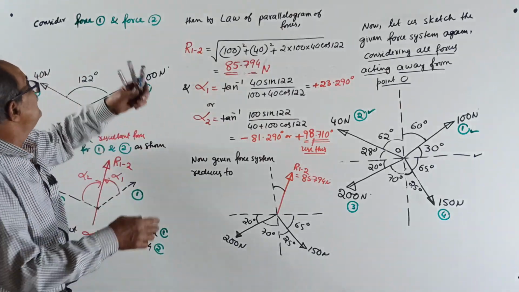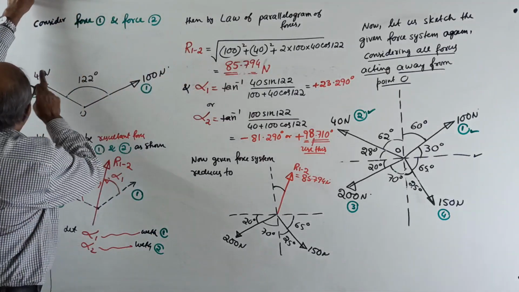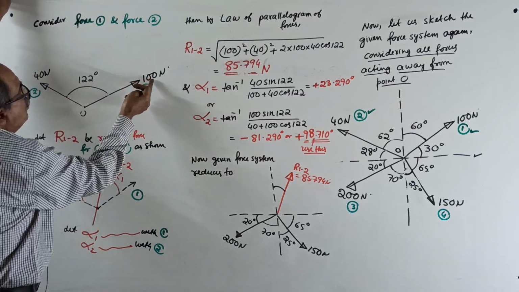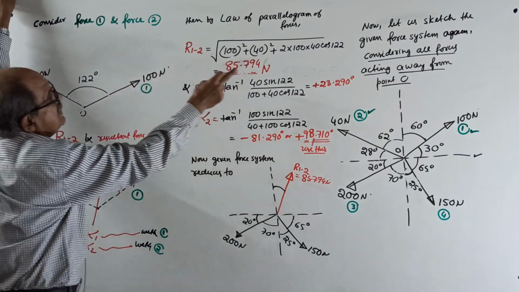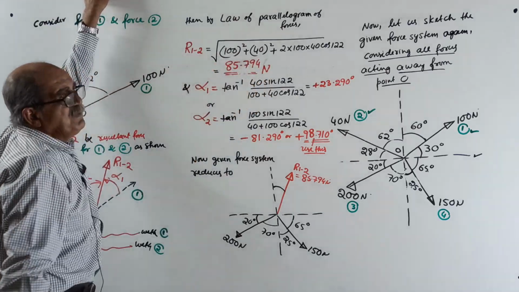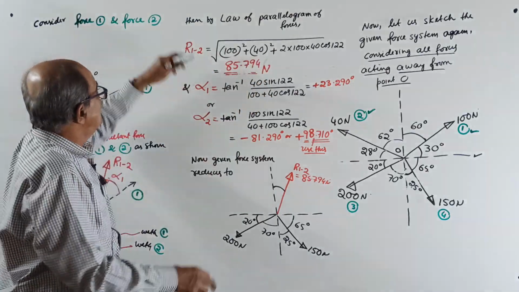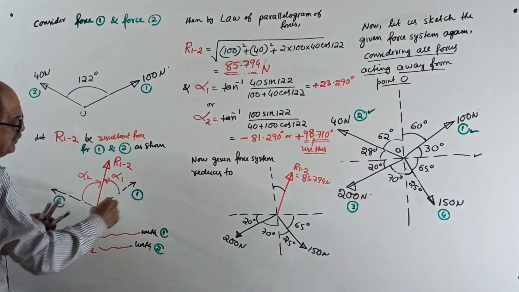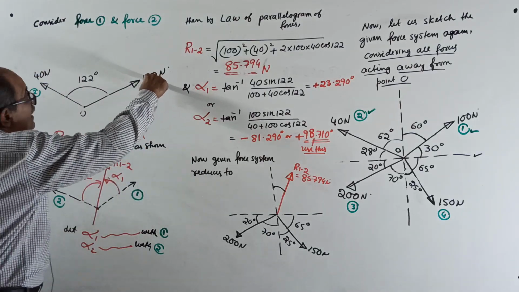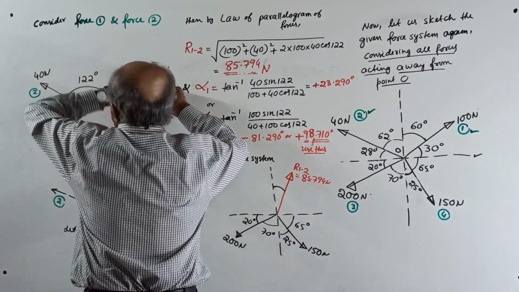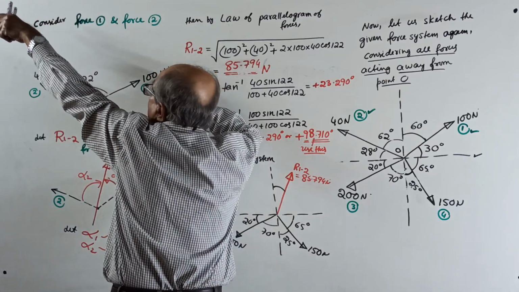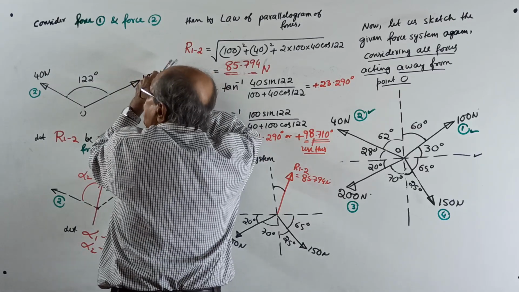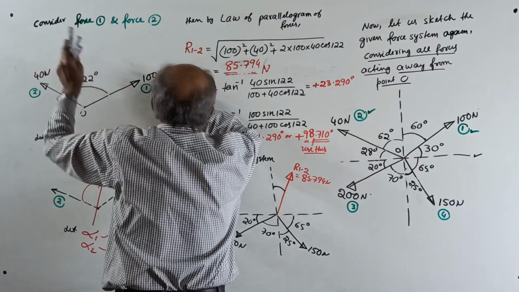Then start R12 equals root of 100 square plus 40 square plus 200 into 40 into cos 122. The answer came 85.794 Newton. Alpha 1, this angle, equals tan inverse of other force 40 into sin theta divided by this force 100 plus other force 40 into cos theta.